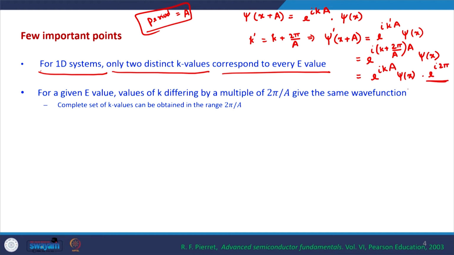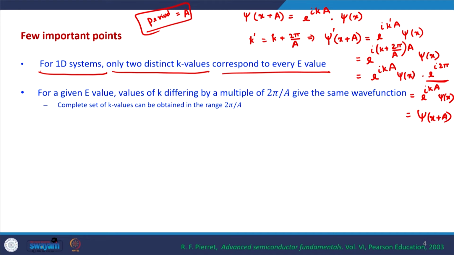So, this turns out to be exponential i k A psi x, which is psi of x plus A. So, a k value shifted by 2 pi by A gives the same wave function essentially.